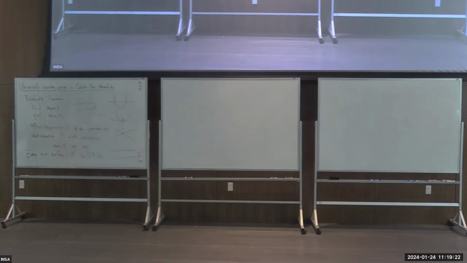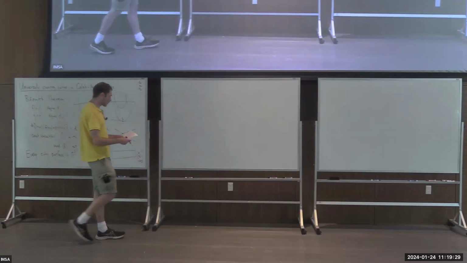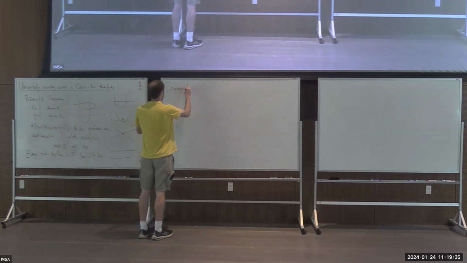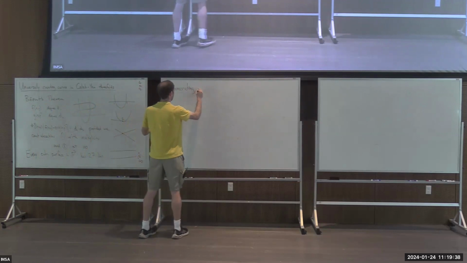But the modern theory of enumerative geometry seeks to have a theory of enumerating curves in any target, which is more common. So let's talk about enumerating curves.